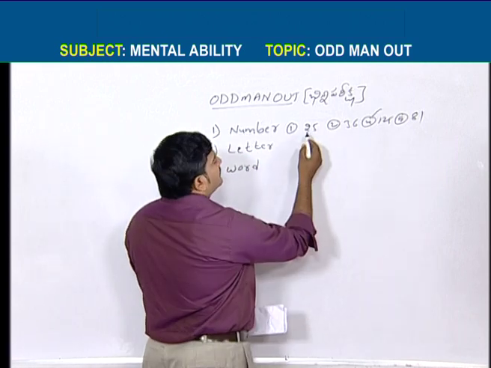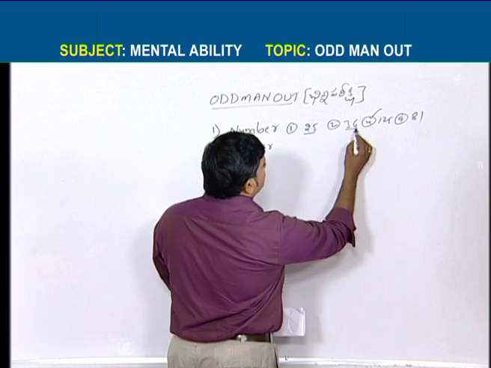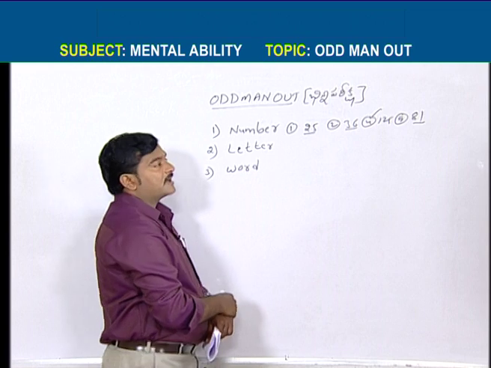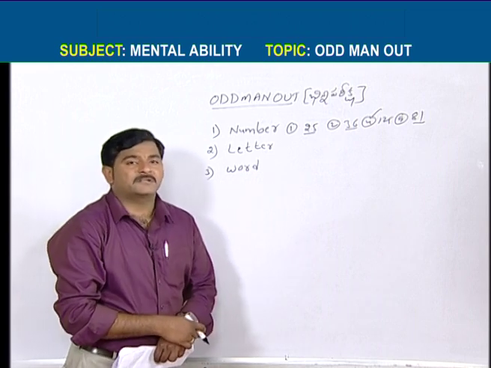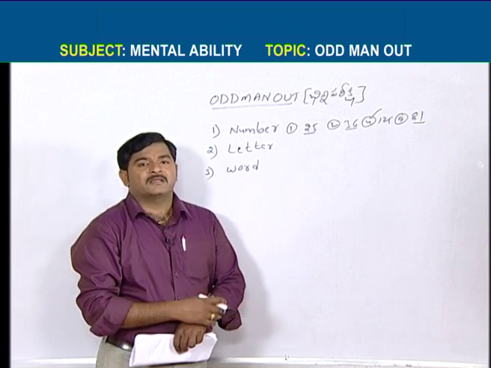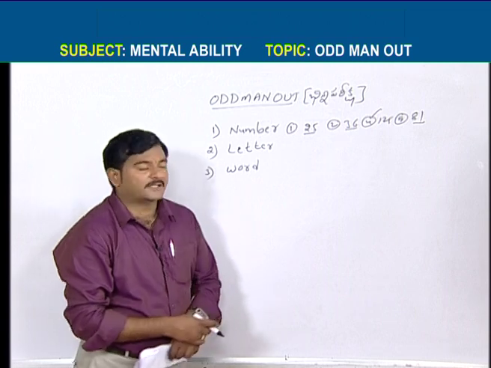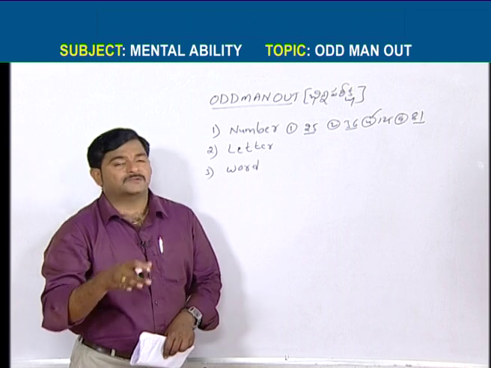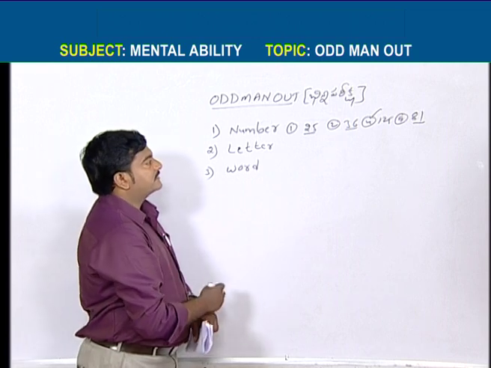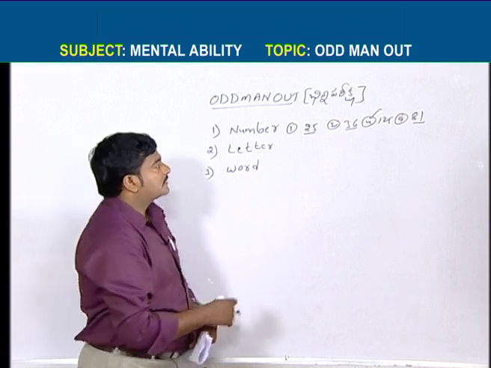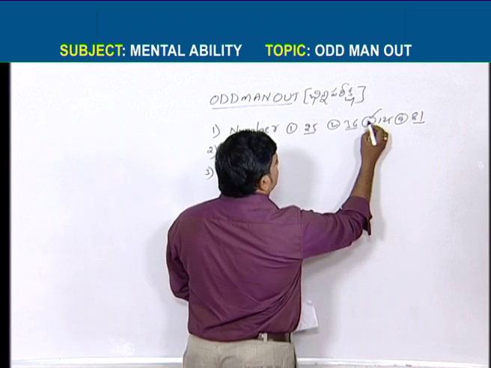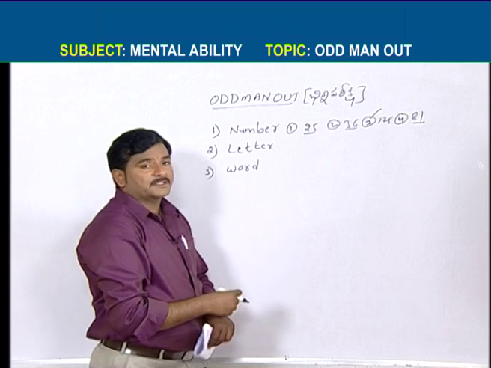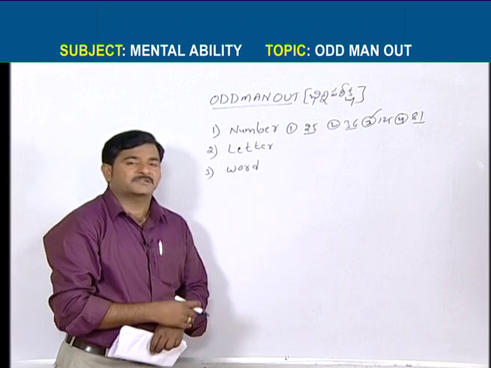Because 25 is 5 square, 36 is 6 square, 81 is 9 square. The remaining three are squares, but 125 is not a perfect square, it is 5 cube. That's why the remaining three have a certain pattern, whereas the third one does not belong to it. Hence the answer in this question is the third option.